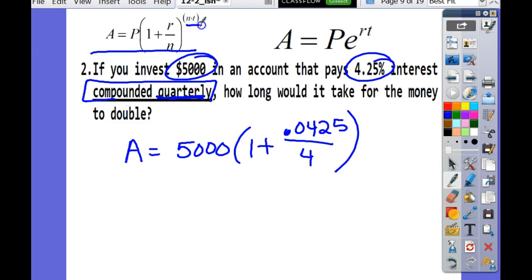If we're compounding quarterly, that's 4 times a year. And so then this is 4t because it says how long. We don't know the time. But there is one more thing we know in this problem. We want to double our money. If you double 5,000, how much do you get?